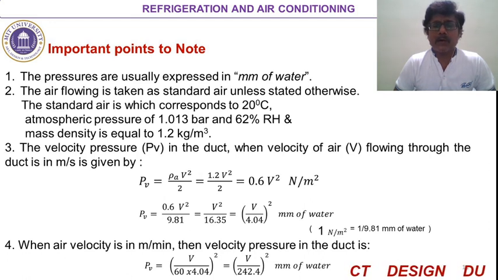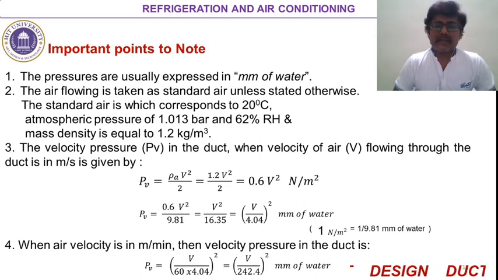Why 9.81? Because I want to convert from Newton per meter square to millimeter of water. With the necessary calculations, I land up with the equation PV equal to (V divided by 4.04) whole square millimeter of water. You should remember here that V is the velocity of the air passing through the duct, expressed in meter per second.